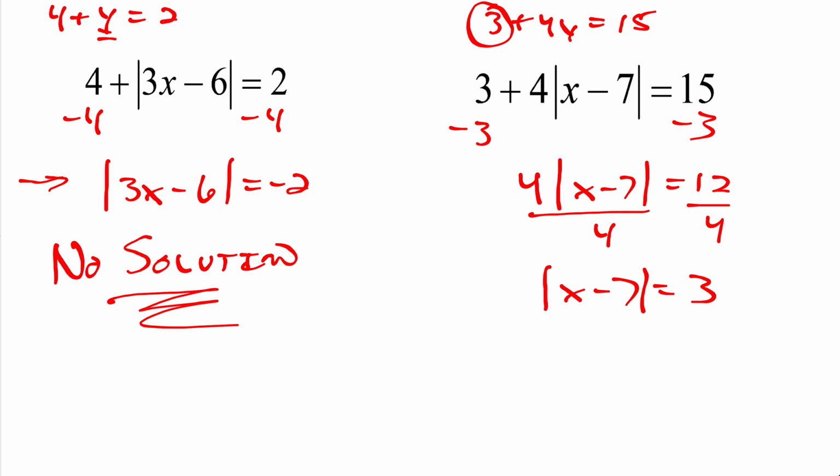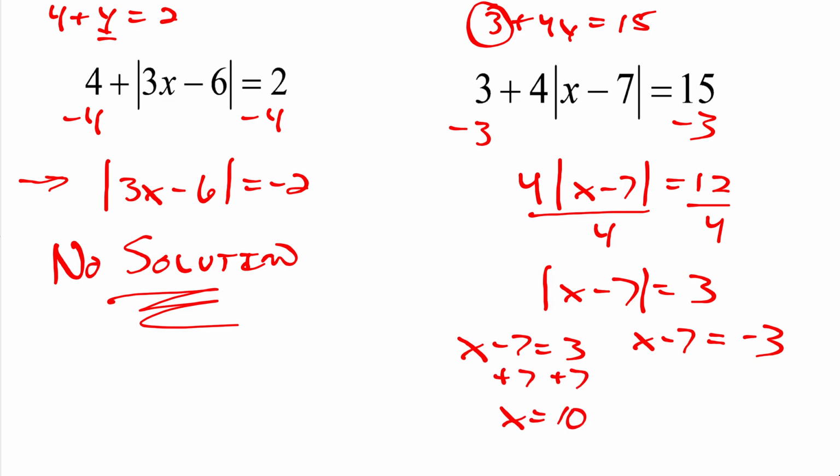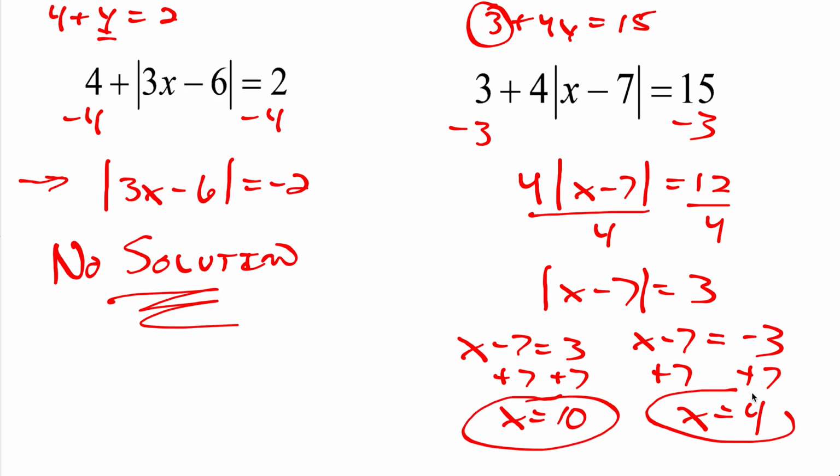How many answers? Should be thinking 2 answers here. 3 and negative 3. So that's 10, and that is 4. 2 answers. 1, 2.